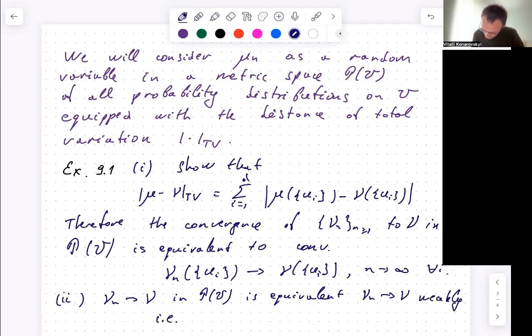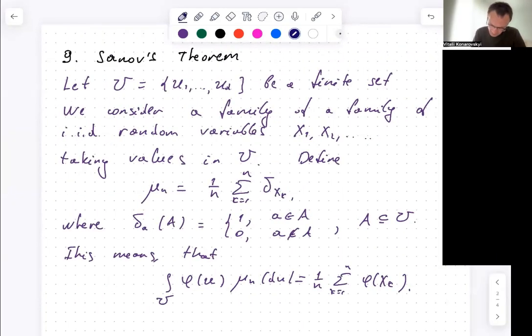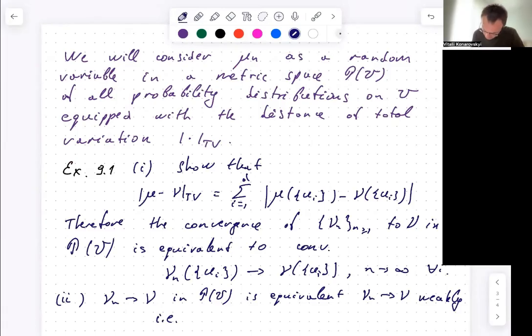That means for every continuous function on U, where on U you consider the discrete topology because this space is discrete. So considering just any function phi, you have that the integral of phi d nu n converges to the integral of phi d nu. Actually, it is equivalent.